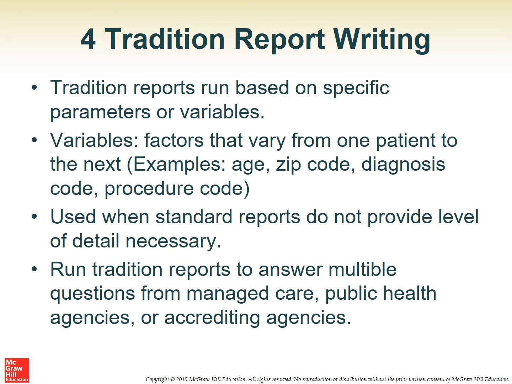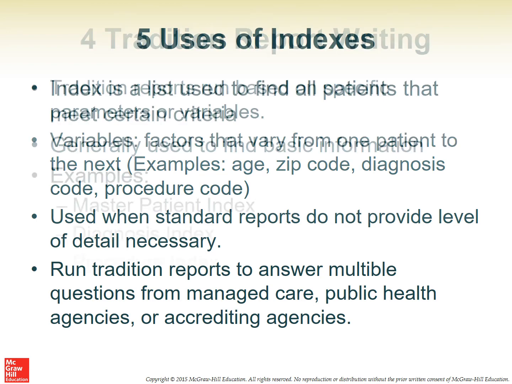Examples: age, zip code, diagnosis code, procedure code. These are examples of variables that must give codes. Use them when the standard reports do not provide the level of detail necessary. Run traditional reports to answer multiple questions from managed care, public health agencies, or accrediting agencies.